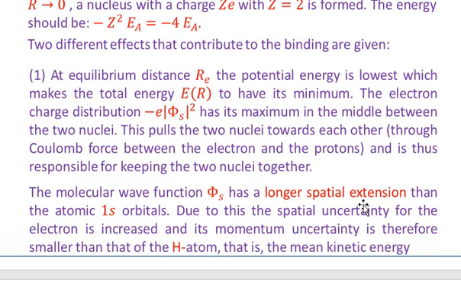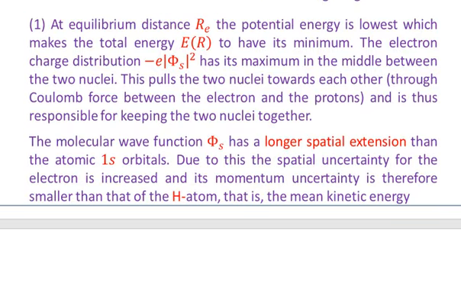The two atomic orbitals will combine and give you phi s, which has a longer spatial extension. Due to this, the spatial uncertainty for the electron is increased, and its momentum uncertainty is therefore smaller than that of the single hydrogen atom, that is, the mean kinetic energy.